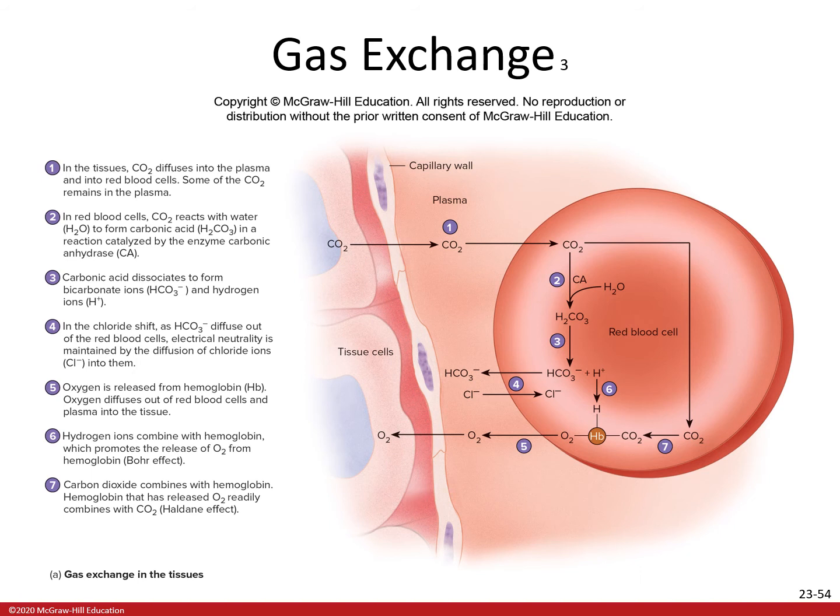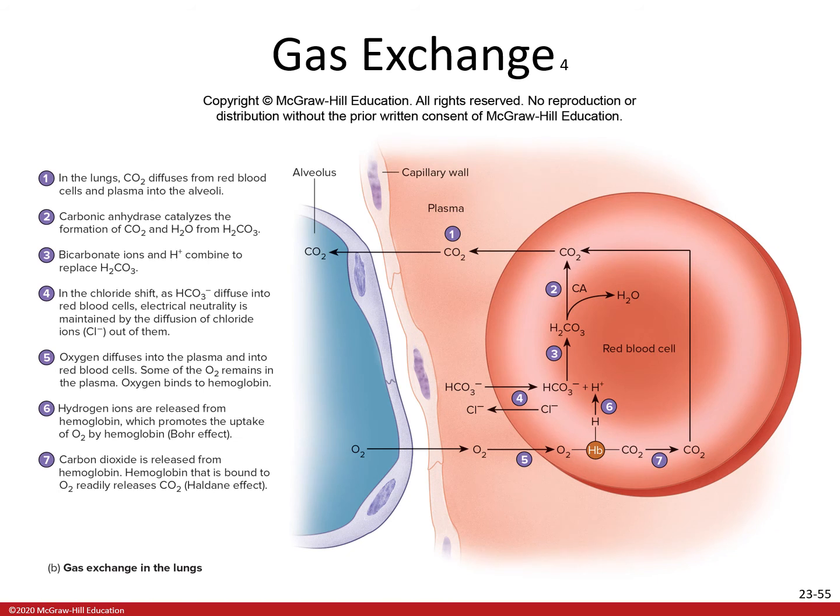Carbonic anhydrase is going to catalyze the reaction of carbon dioxide with water, or H2O, to form carbonic acid, which then is going to dissociate to form bicarbonate ions and hydrogen ions. From there, oxygen will be released from hemoglobin and diffuse into tissue cells. And that is what we are seeing there, starting with step 1 down through step 5.